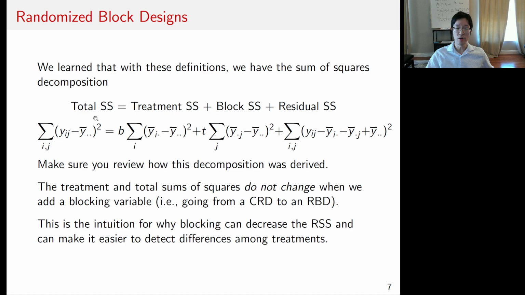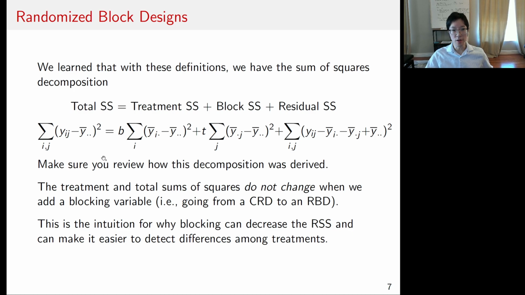If we lay it out as the equation for decomposition, then total sum of squares is now decomposed into treatment plus block plus residual, and so these are the three terms we saw on the last slide. Make sure you understand how this decomposition was derived, and that indeed this is an equality, that all the cross terms are 0, and so these three sum of squares terms actually add up to the total.